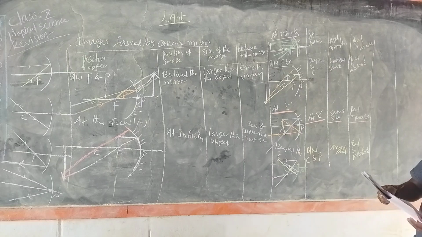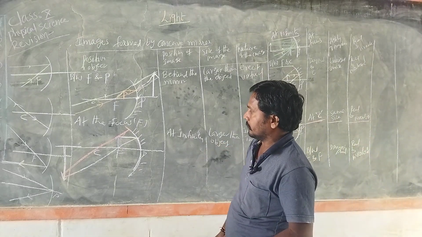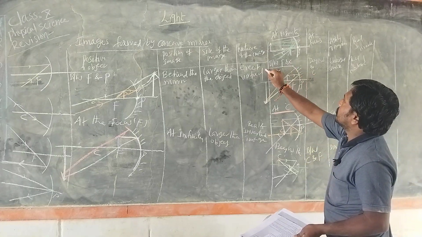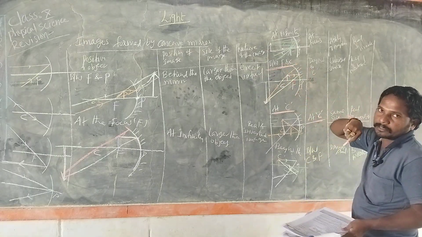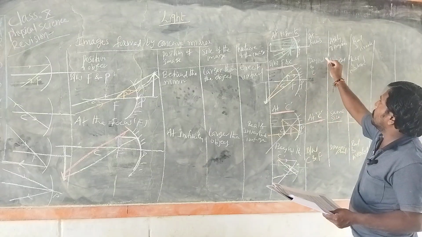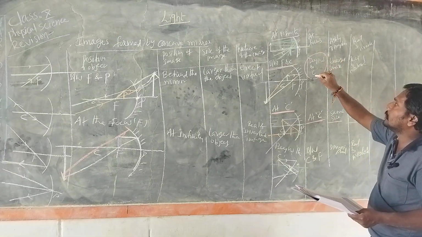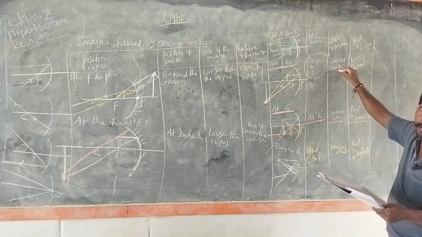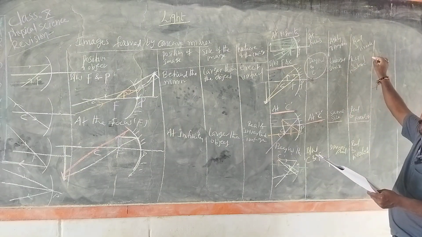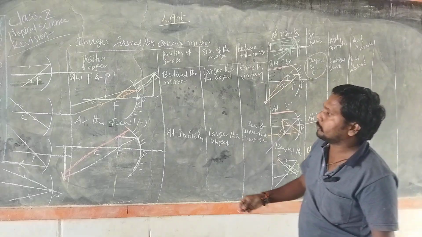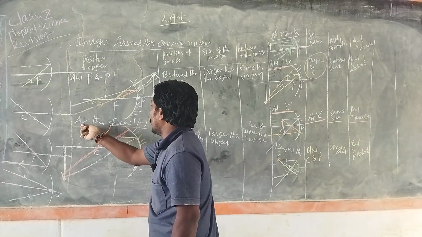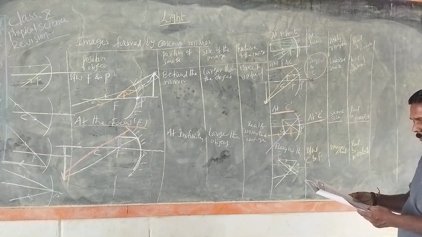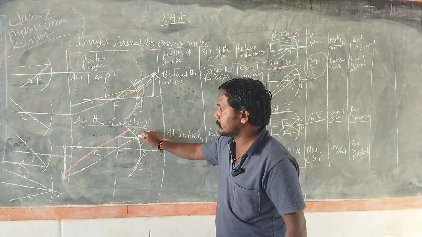Real and inverted. Now, between C and F: if the object is placed between center of curvature and the focus, the image is formed behind C, enlarged. Size of the image is enlarged. Nature: real and inverted. If the object is placed at the focus, then where is the image formed?